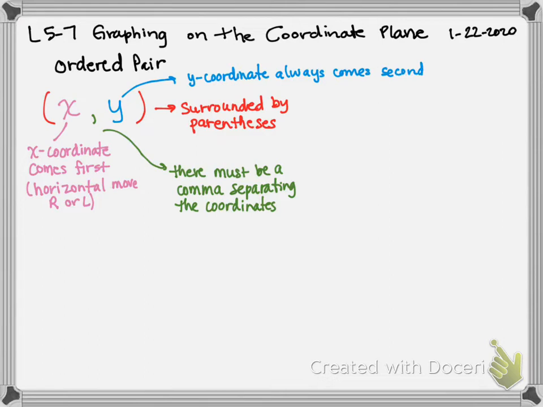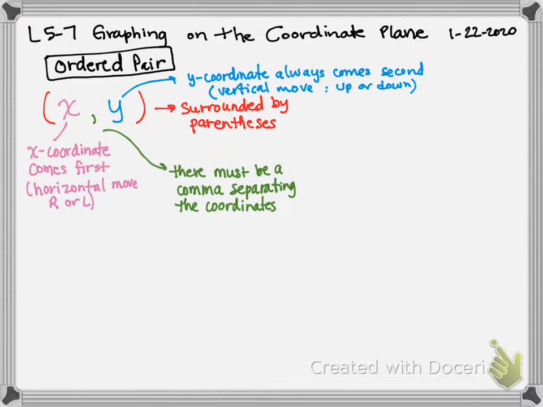And with this guy, you're going to have a vertical move when you graph. So that means you're going to go up or down. Okay, so that's what an ordered pair looks like. Okay, I'm going to box that guy up. Ordered pair. All right, so keep that in mind because you're going to get graded on all of that.